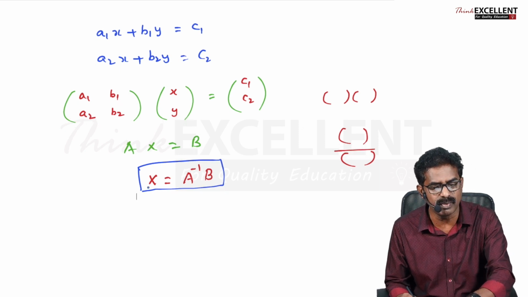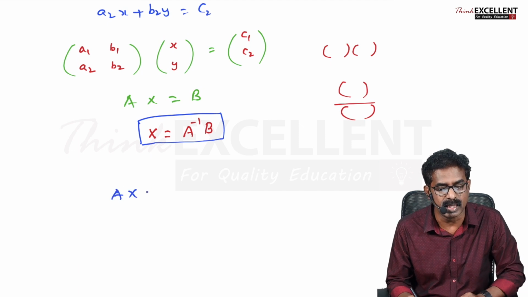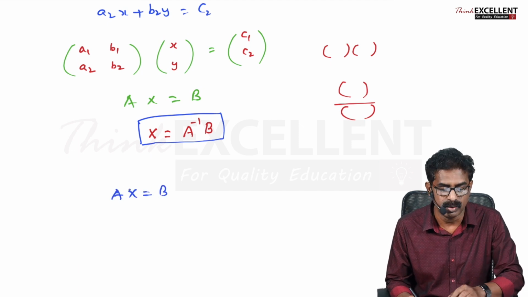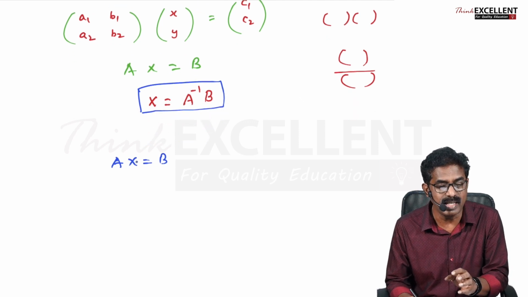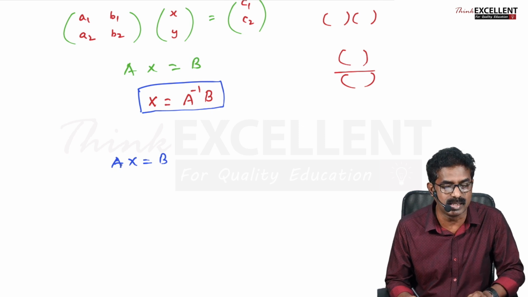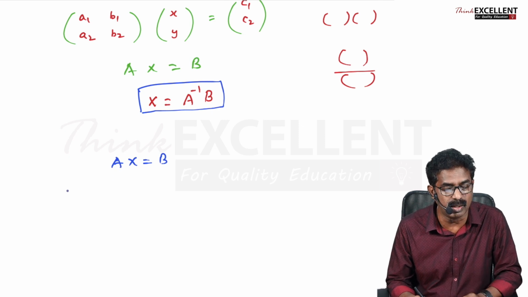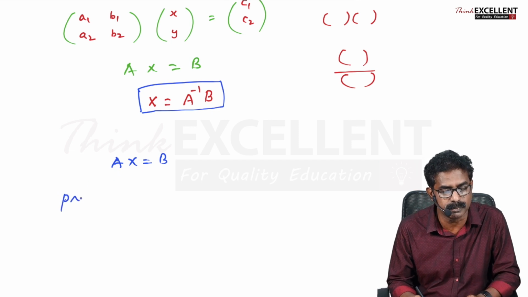Now I will tell you how we are getting this from AX equal to B. Please listen. AX equal to B. If you want to find X, we don't want that A there, right? So A must get cancelled. So you multiply by A inverse. Where you multiply in the front, we call it pre-multiply.